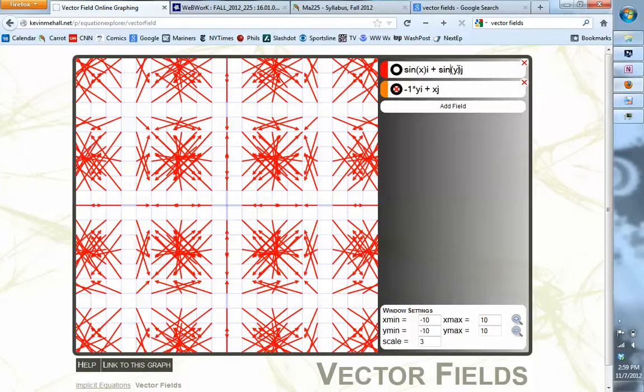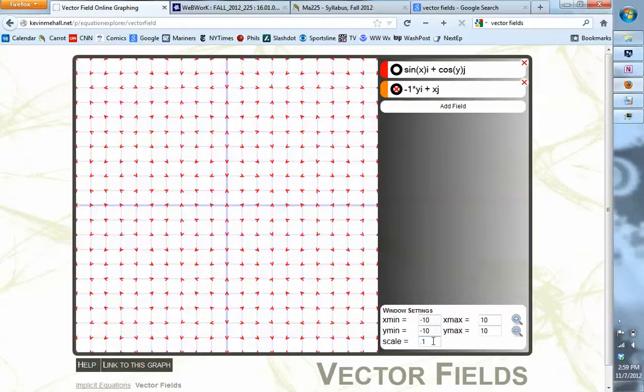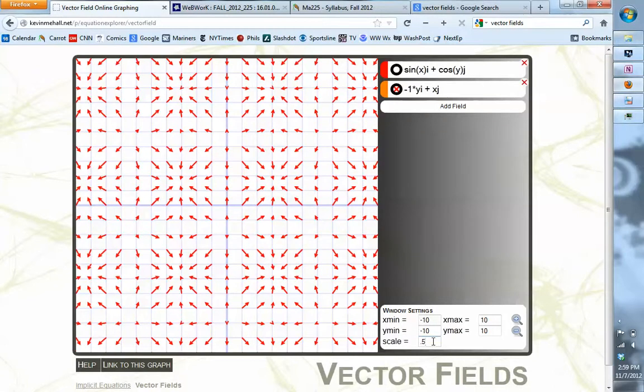I think it's sine, cosine? Yeah, and we should probably shorten up the scale a little bit because we don't really have a good grip on it. And maybe we'll crank it up a little bit. Okay, so that's a really weird vector field. It's not one that you're going to find in nature anywhere. I'll let you think about why that looks the way that it does.